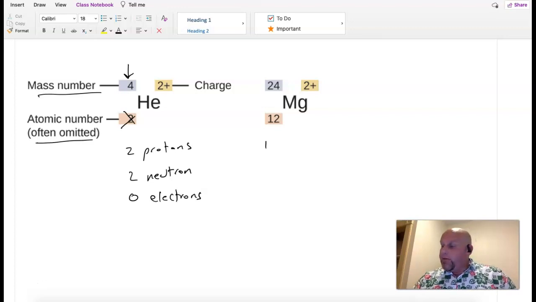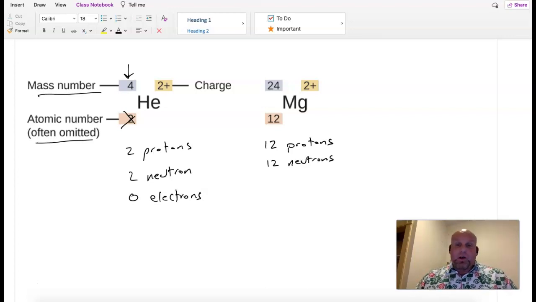Over here now I have 12 protons. 24 minus 12 is 12 neutrons. And again, I have a 2 plus charge. So instead of 12 electrons like I would have in the neutral atom, I'm going to have 10 electrons. Okay, we're going to get plenty of practice on this over the next couple days. So this is just an introduction, but hopefully you can see how these values all come together.